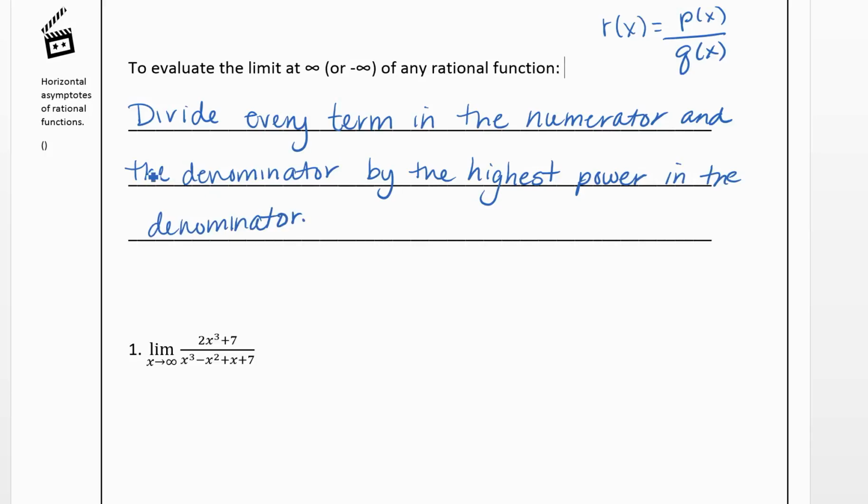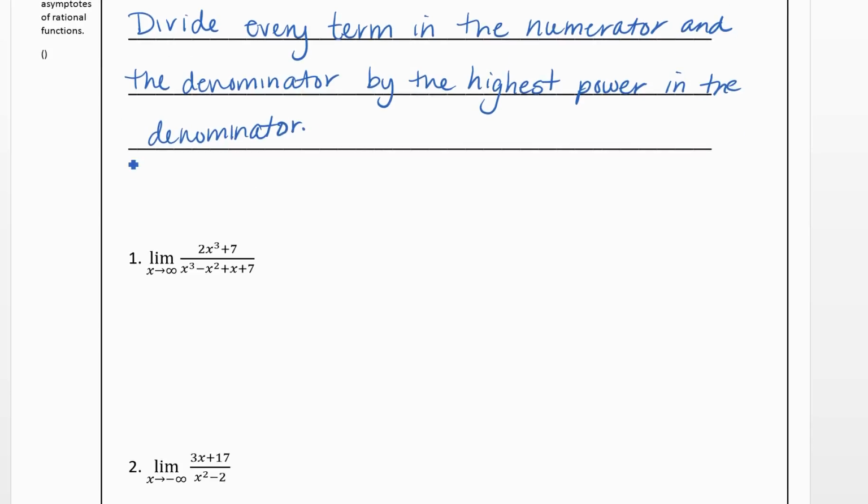cubed. Okay, so number one here, we want to find the limit as x goes to infinity of 2x cubed plus 7 over x cubed minus x squared plus x plus 7. Okay, now our highest power in the denominator is x cubed, so we're going to divide everything by x cubed.